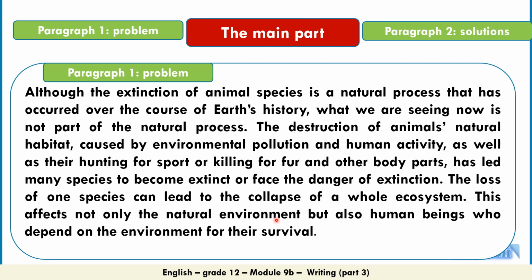The loss of one species can lead to the collapse of a whole ecosystem. This affects not only the natural environment, but also human beings who depend on the environment for their survival. Okay, great.